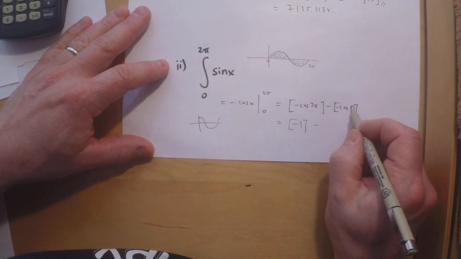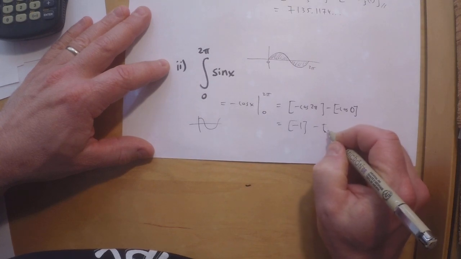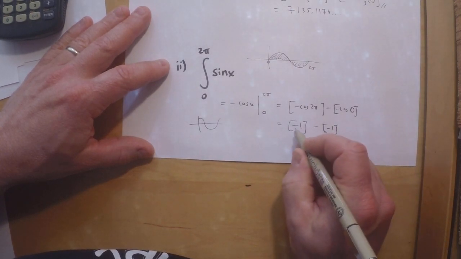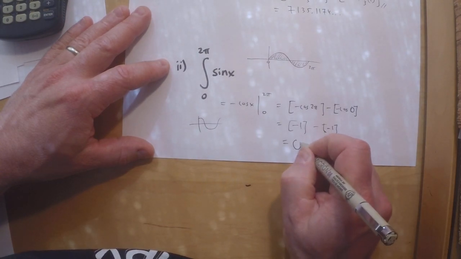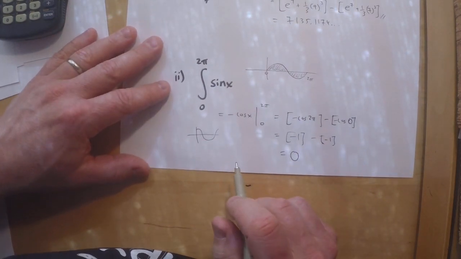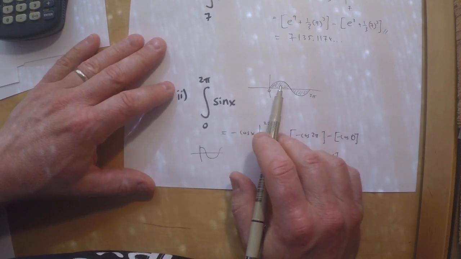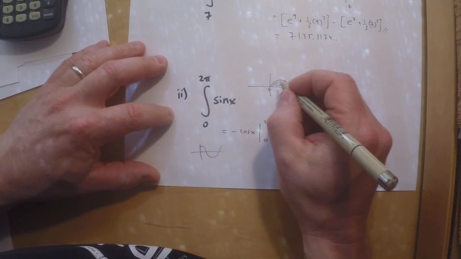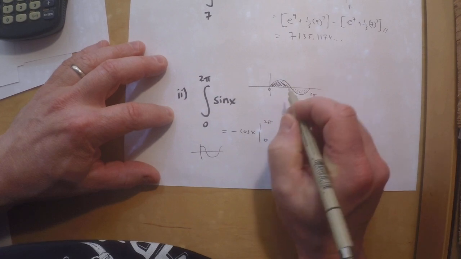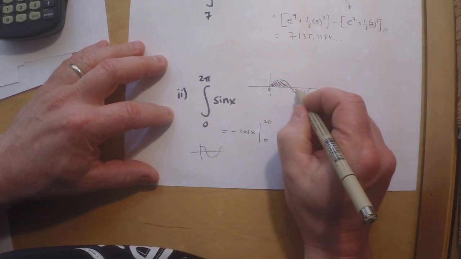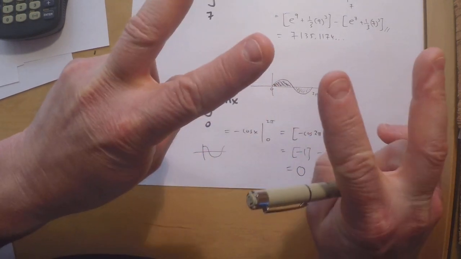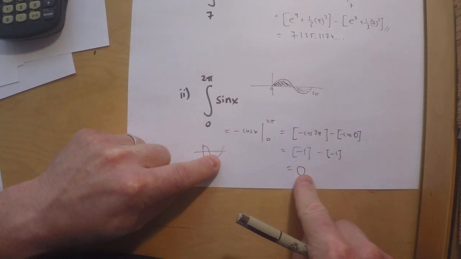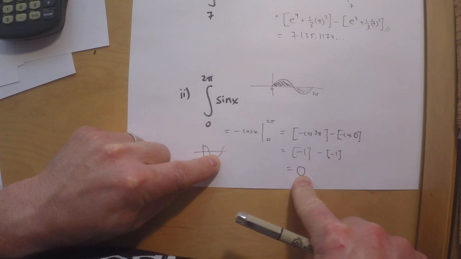And cos of 0 is also 1, so I have negative 1, so it's negative 1, take away negative 1, which is 0, which is interesting. So the representation of this to the mathematics is above the x-axis represents positive, below the x-axis represents negative, and so when you add those two areas together, you get an overall net of 0.